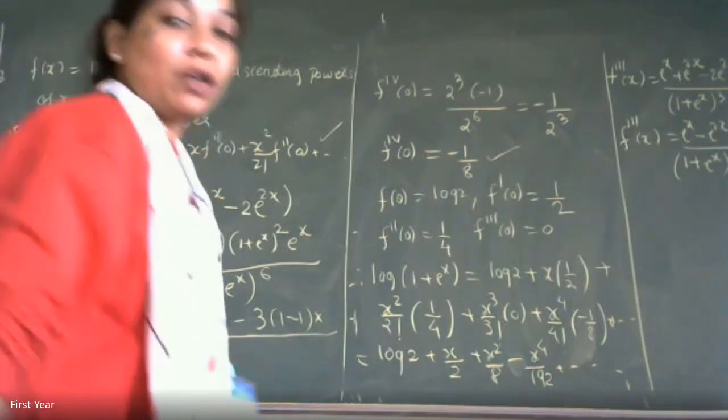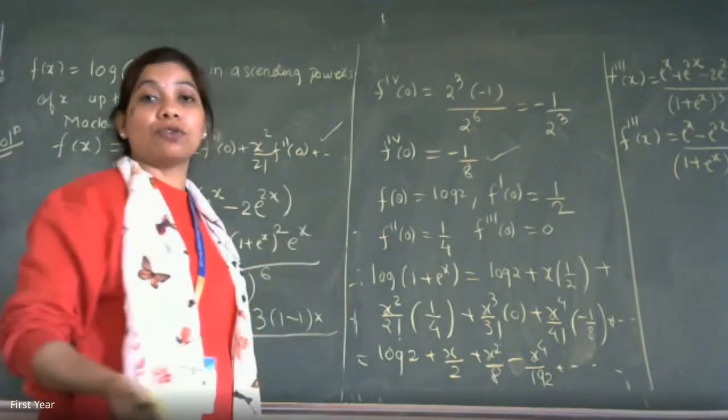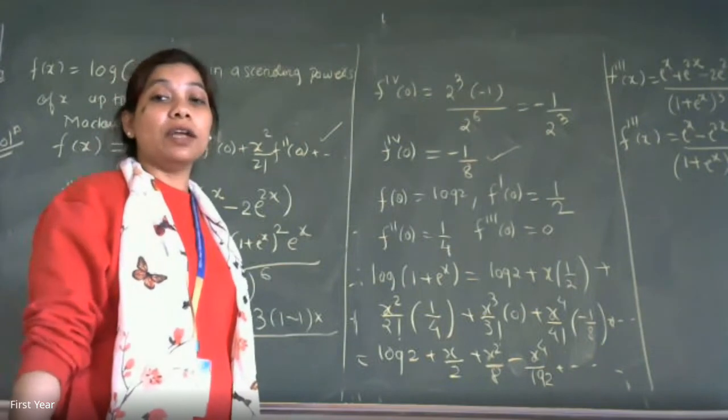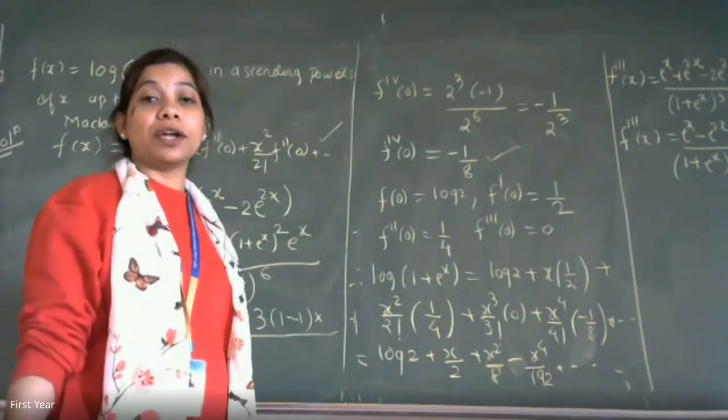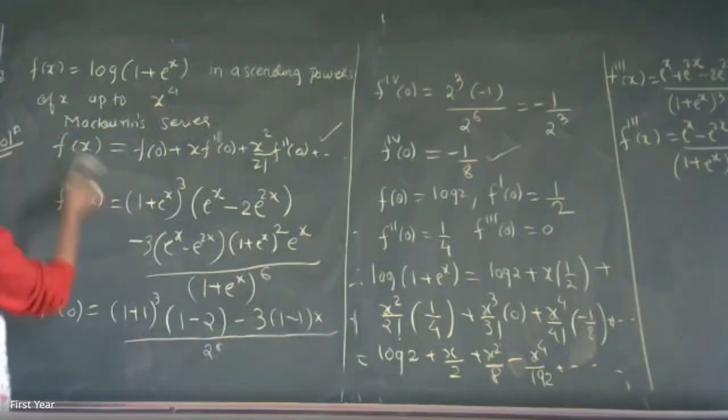I'll write down the question here also. Those who can solve it, because we have done the Taylor series expansion, quickly try to solve it, and Suhani will present it to the entire class. Okay, Suhani? Yes, ma'am. So let me write down the question. So should I write this?